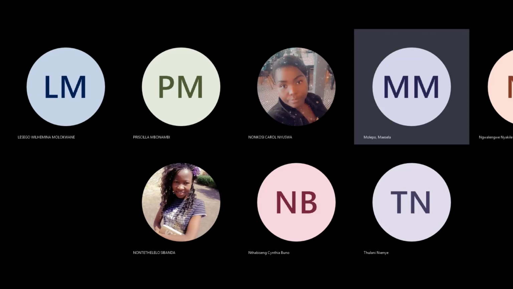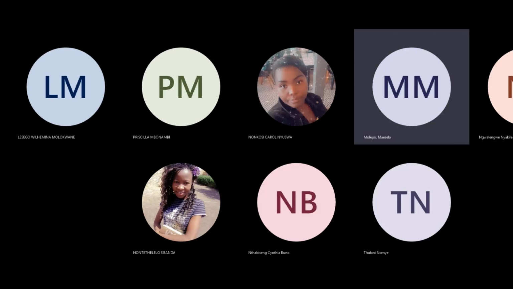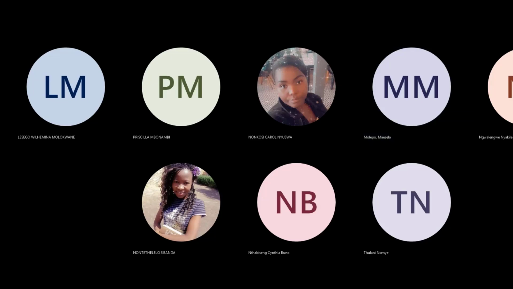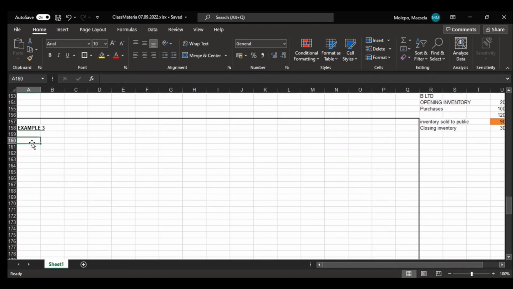So now the required, I think they will say, show the journal entry, the profit before tax note, and the property, plant, and equipment note in the financial records of X Limited for the year ended February 94. So before we do those things, first we have to calculate our depreciation. So we are dealing with example 3. Okay.